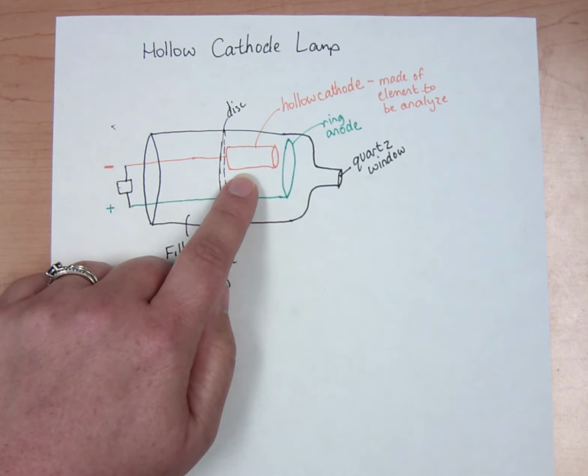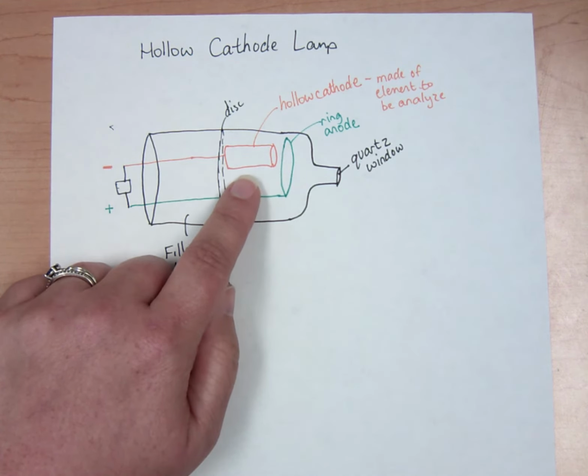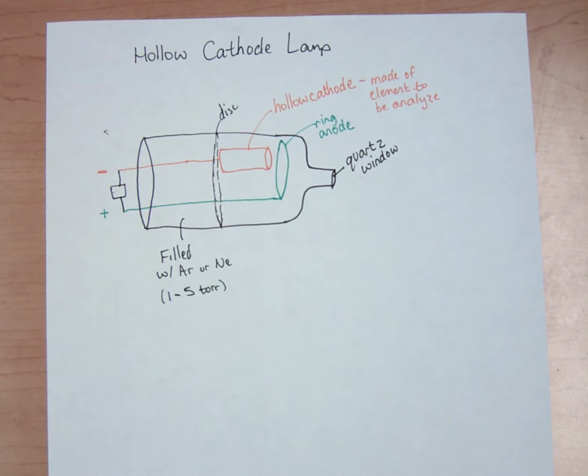Why does this matter? Once these are sputtered off the surface, now we have gas phase metal atoms that are going to collide with the free electrons. Those electrons have been accelerated between the cathode and the anode, and they have a lot of energy.